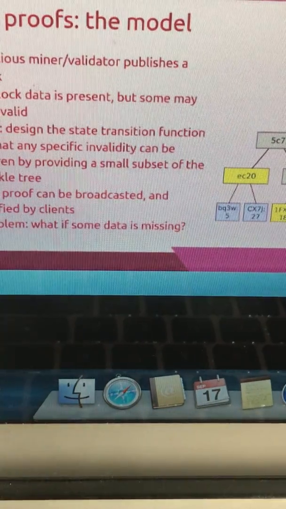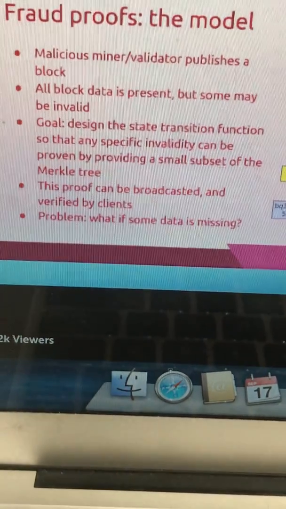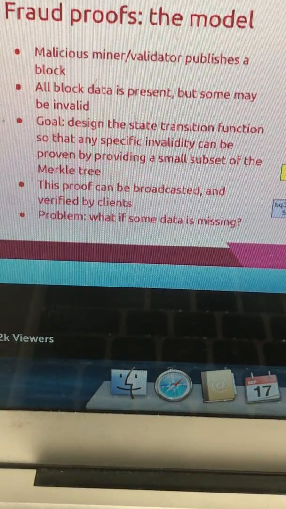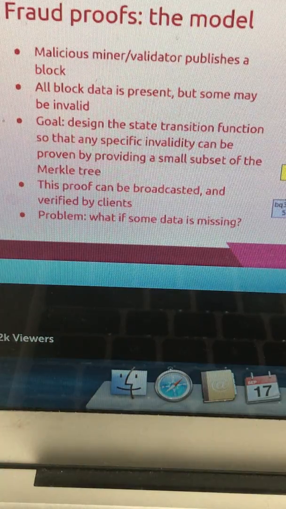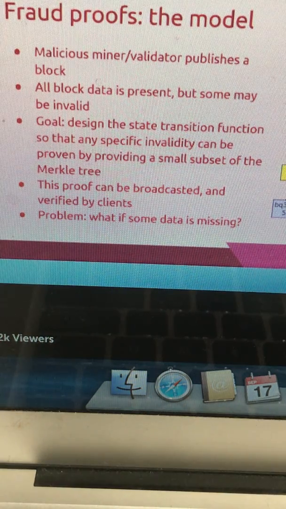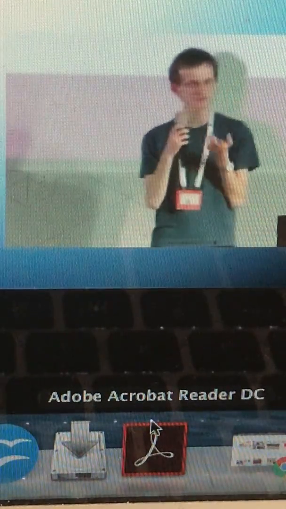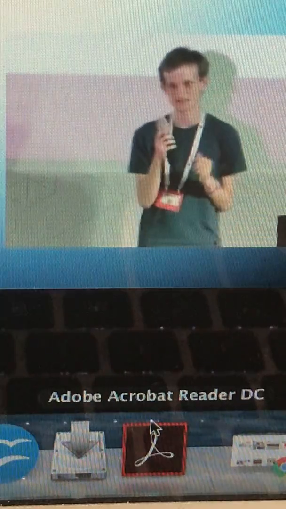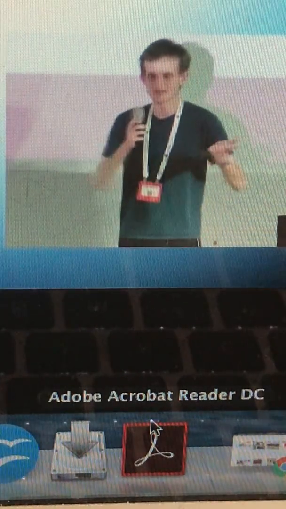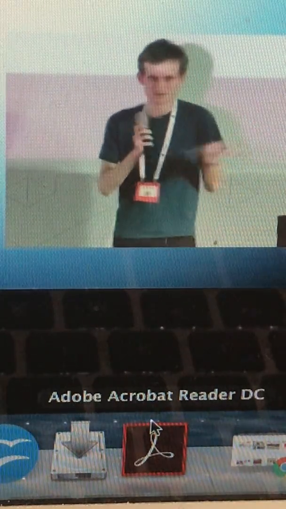With this technique, you can create a system where clients download all of the data to verify availability. But after they've downloaded all of the data, they don't need to process and verify all of it themselves. Instead, every client might just randomly choose to process and verify some random 0.1% of the data.